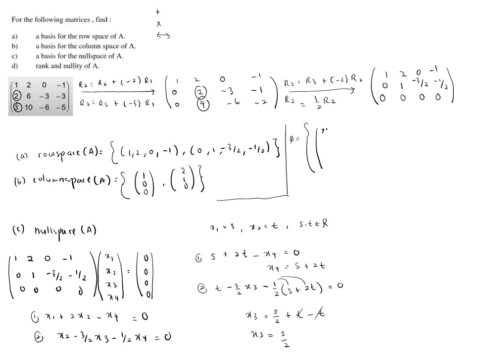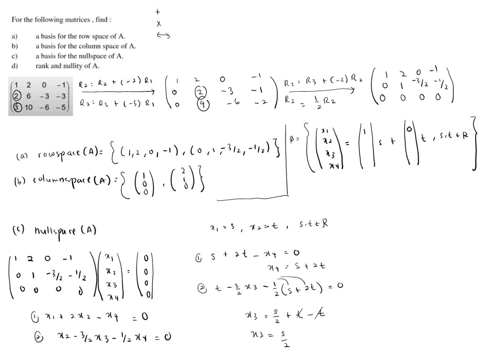So we have X1, X2, X3 and X4 equal S plus T, where S and T is element of real number. Okay, kita start dengan X1 dulu. X1, what is X1? X1 is S, so 1S and 0T. And then X2, X2 is T, yes.